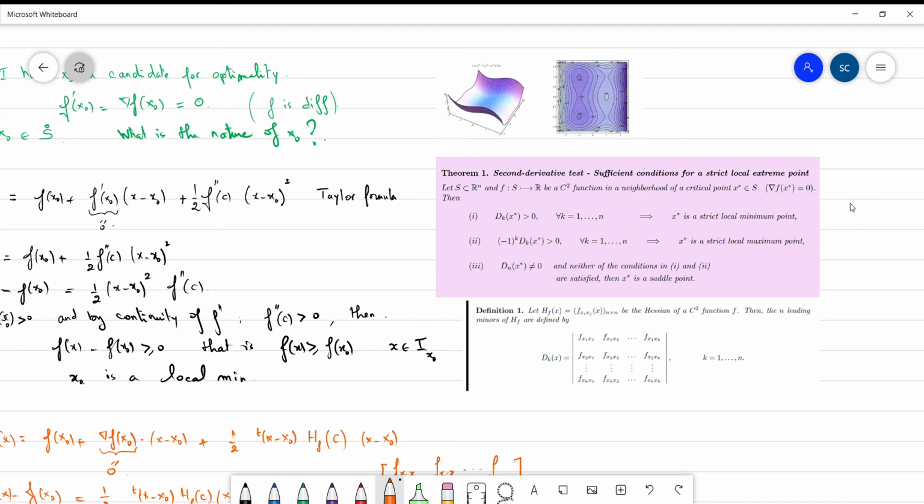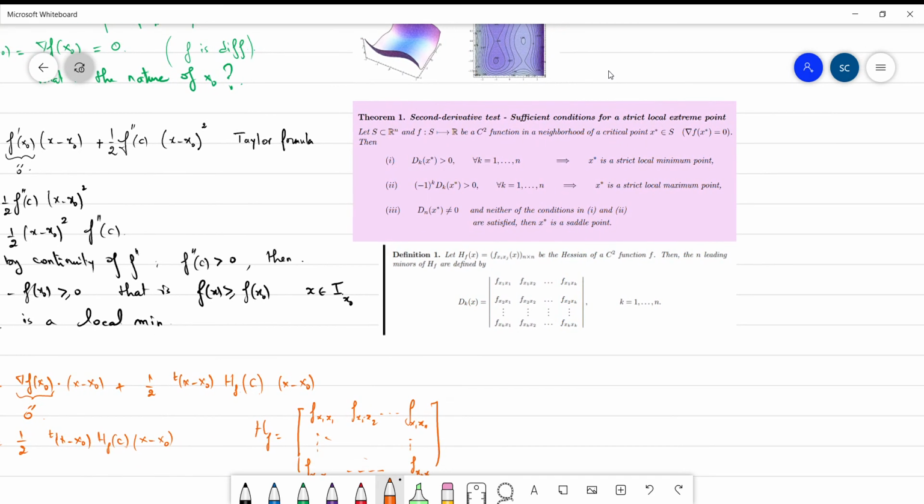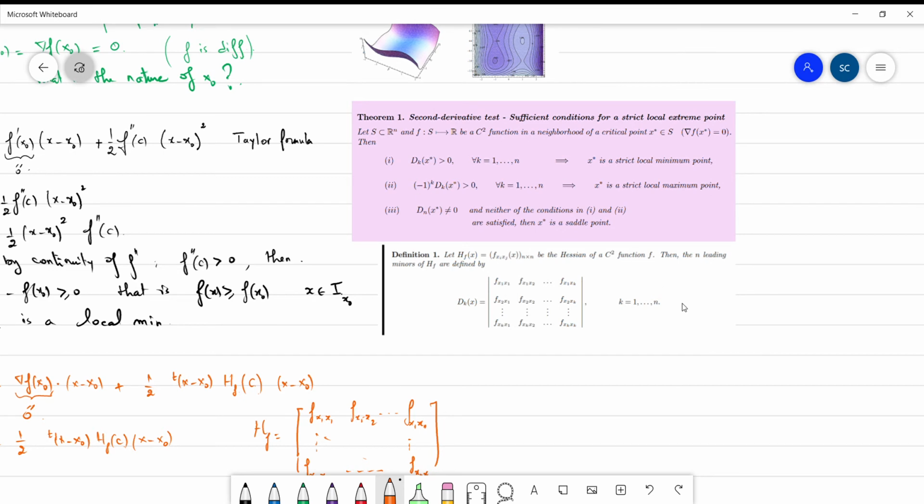So we have a critical point. We have a function that is regular, a C2 function. Okay, and what else do we need? It says that if you take the determinant of the Hessian matrix at the considered point, where you found a critical point, and you check that the sign is positive for each k from 1 to n.